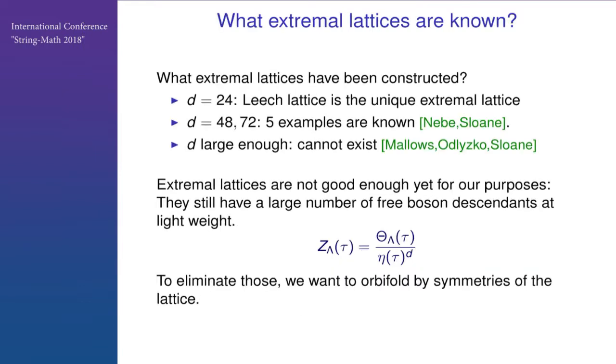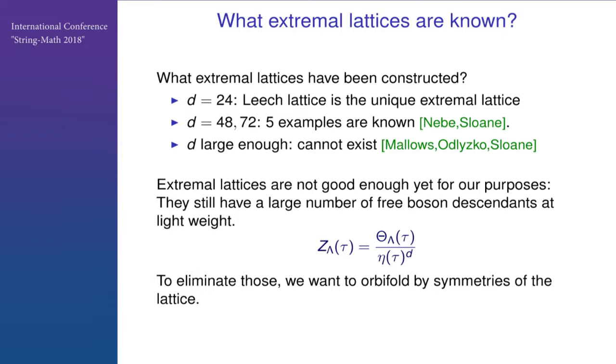So what is the status of extremal lattices? Well, in D equals 24, there is the famous Leech lattice, which is the unique extremal lattice in D equals 24. For D equals 48 and 72, explicit examples have been constructed, maybe by Gabriele Nebe.